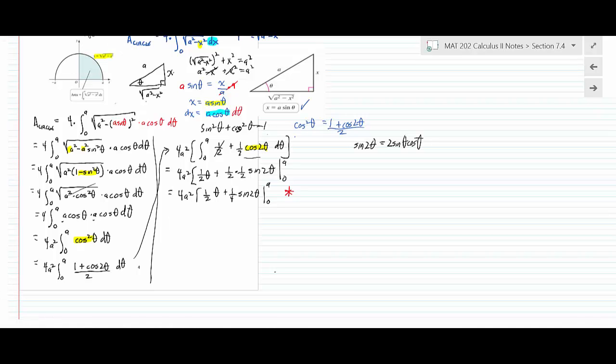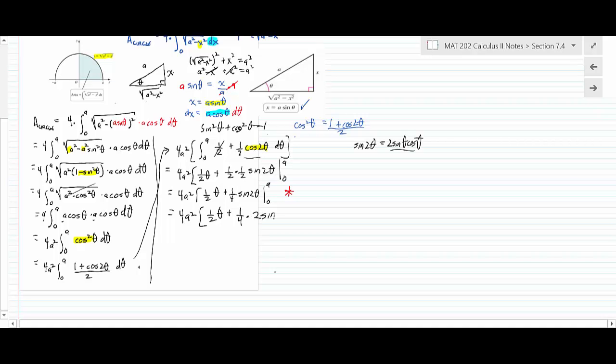So what I'm going to do at this stage is write this as 4a to the second, then 1/2 theta. I am going to use this identity right here because that's a little bit easier. So I'm going to have 1/4, then I'm going to write sine 2 theta as 2 sine theta cosine theta, like that.